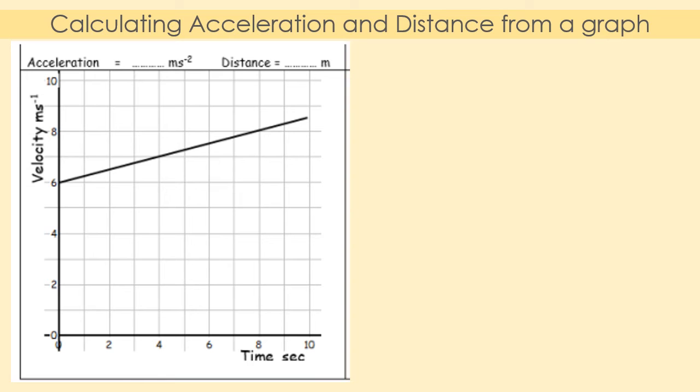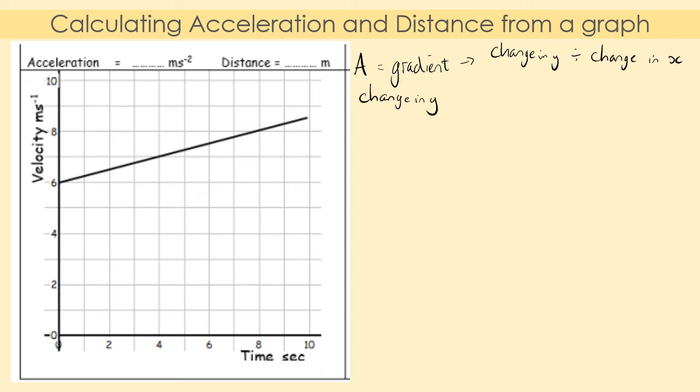So first off, to find my acceleration, I need to find my gradient. My gradient, hopefully you remember from your maths lessons, is my change in y divided by my change in x. You'll notice how I'm writing out what I'm doing for each step. First, I'm going to work out my change in y.